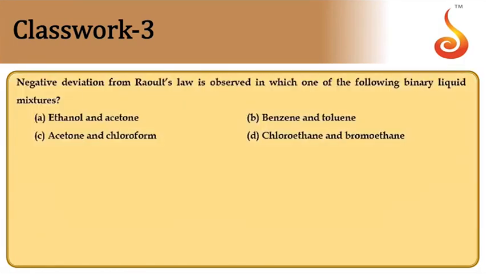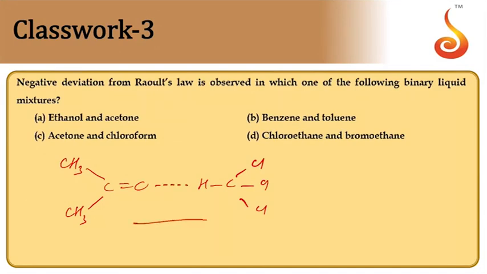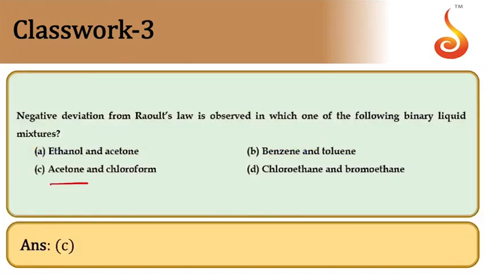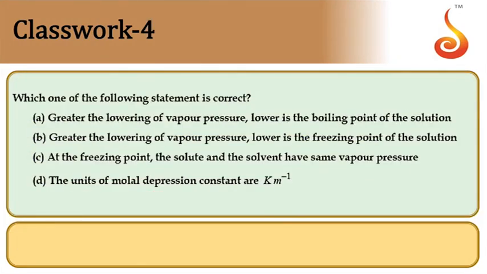That is to say, acetone molecule CH3CO, I'm just writing for convenience the formula in this way, and chloroform HCCl. Between these two we have stronger interactions. So between the components of solution we have a stronger interaction that leads to negative deviation. So option is C. C is the answer.